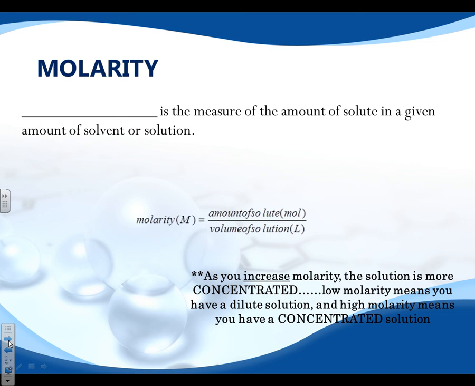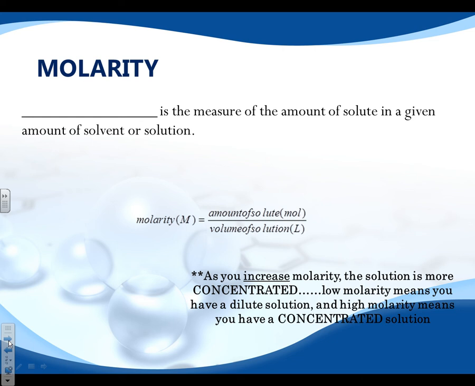So things to keep in mind as you're looking at these problems: as you increase molarity, the solution is more concentrated. The higher the molarity, the higher the concentration of solute. Low molarity means you have a dilute solution, and a high molarity means you have a concentrated solution.